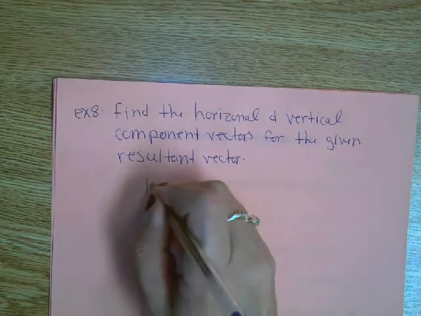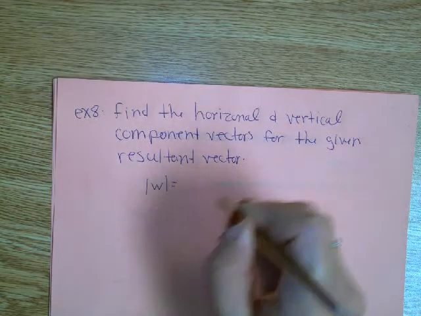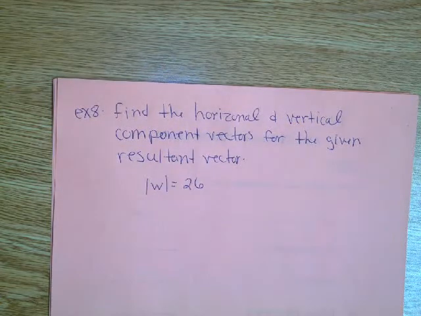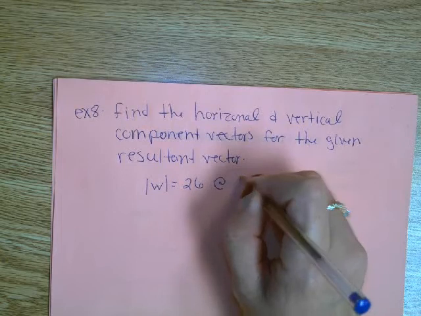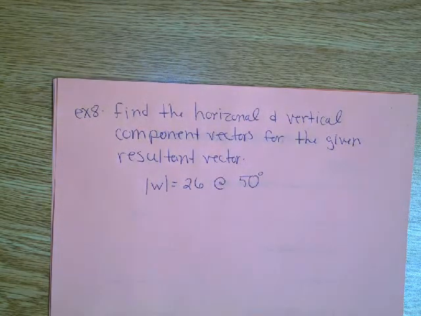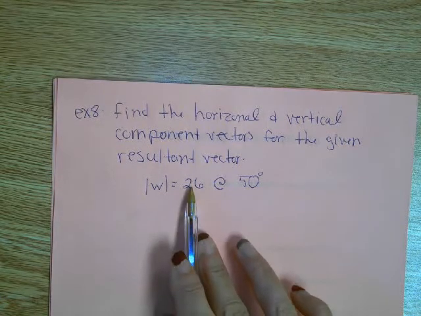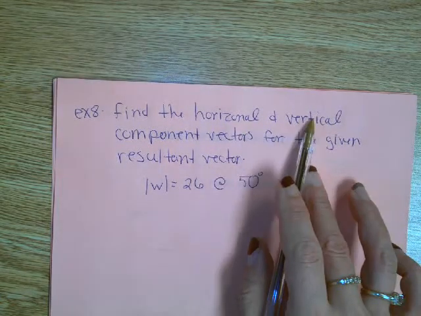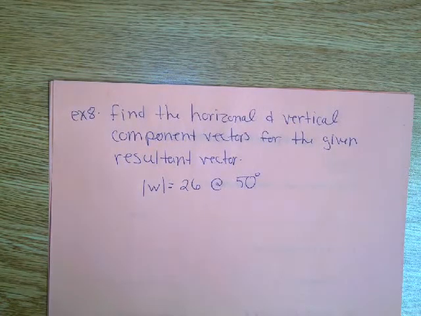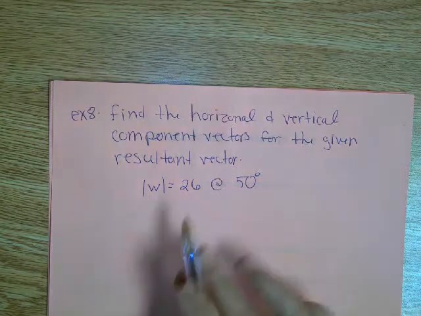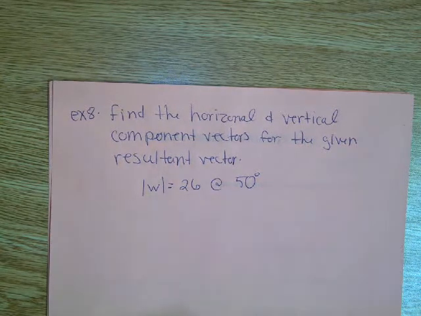So here's what I know. I've got a resultant vector W, magnitude 26, at a direction of 50 degrees. So this is the resultant. It wants to know what horizontal and vertical component vectors, so two ropes that were pulling, one pulling due north, one pulling due east, that made this resultant, is what it's asking.